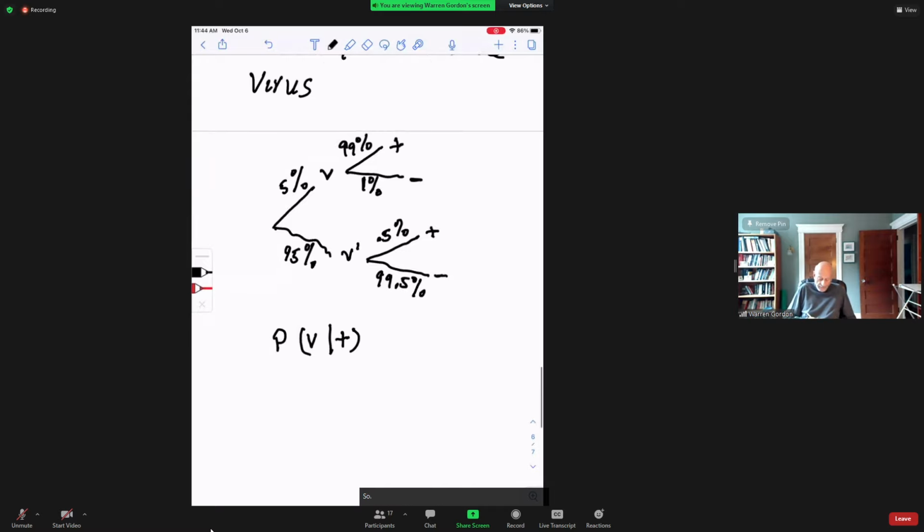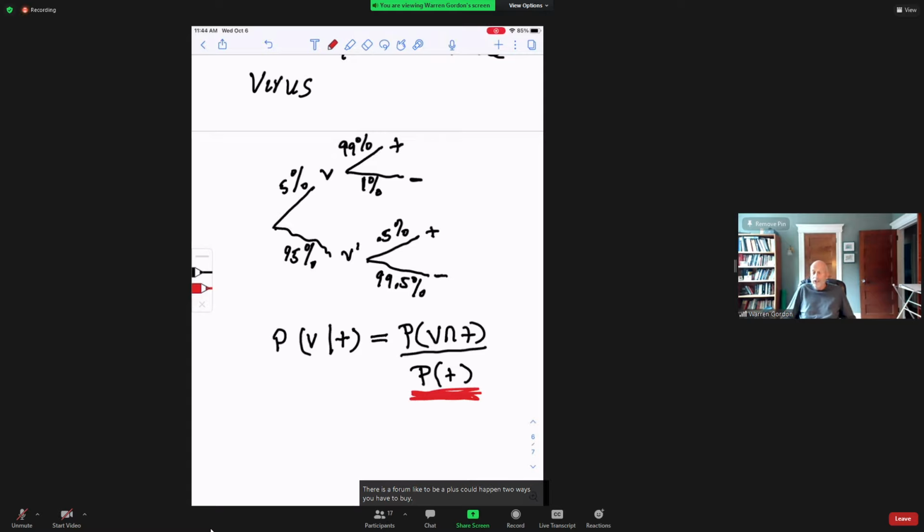So that's one of the few times I use a conditional formula. Now, I want you to observe that I don't have to write out the formula for P of plus. There is a formula, like P of plus can happen two ways. You have the virus, you don't have the virus.